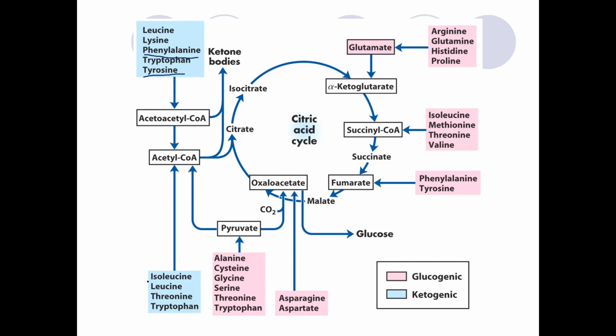And then isoleucine and threonine, these two here, they get degraded to acetyl coenzyme A, but another part of the molecule gets degraded to succinyl coenzyme A. So some of these do double duty, as you can see.